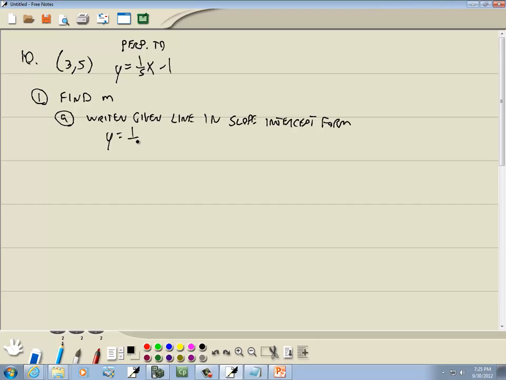So we got y is equal to 1/5 x minus 1. This is already solved for y, so we're fine there. Now we want to identify its slope. If this is in slope-intercept form, then your slope is going to be the number that's before your x, which is 1/5.